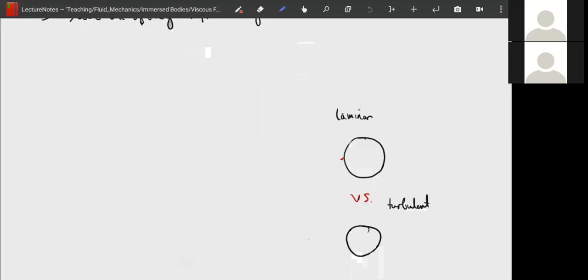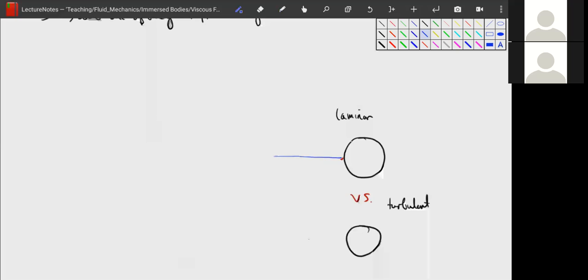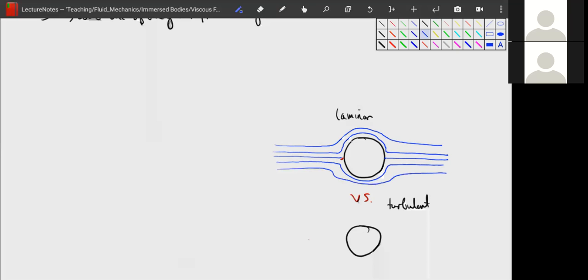And just as a reminder, with laminar flow, we have nice, even, symmetric streamlines that come around an object like this. Oops, didn't draw that very well.